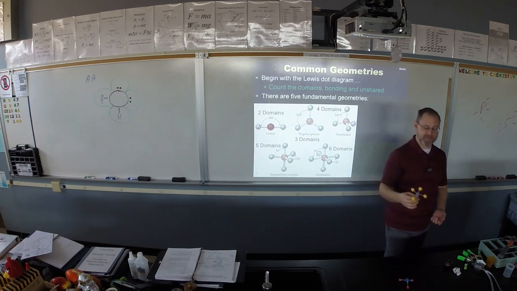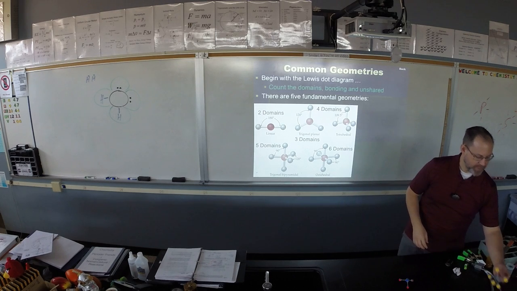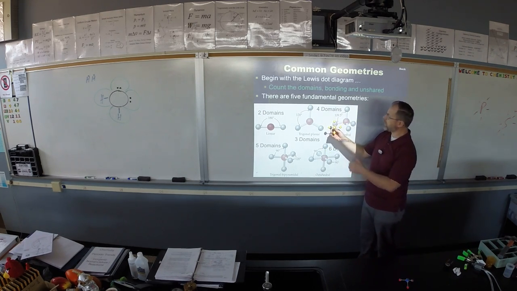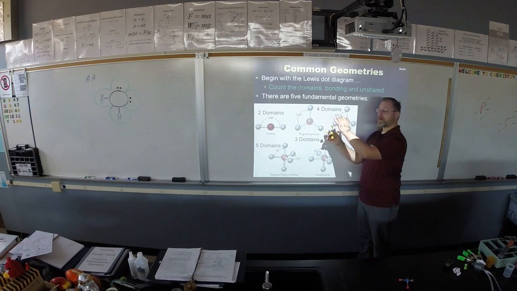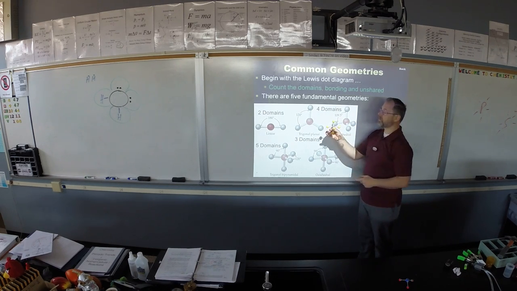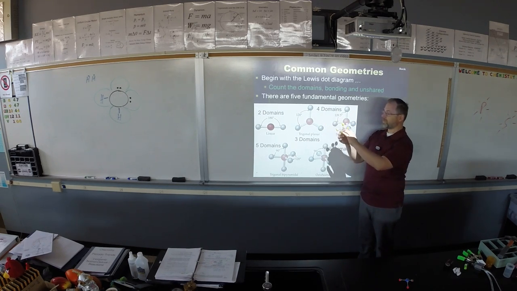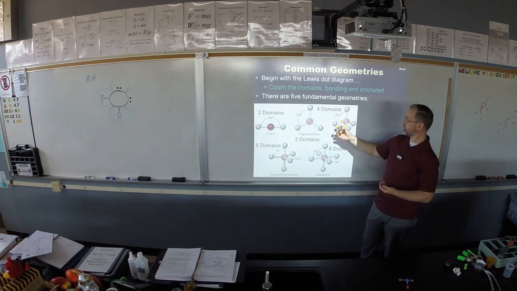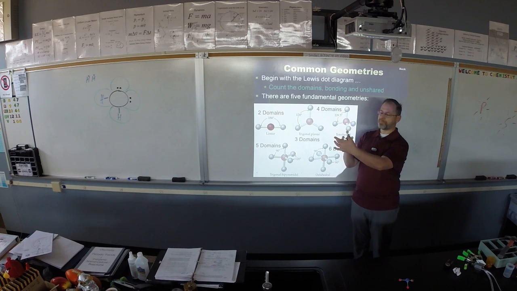Now if you have 6, it's kind of cool. It's not called hexahedral, it's called octahedral, because if you have 6 domains, you have a square pyramid on top and a square pyramid down below. It's an octahedron. Whoa. It's an 8-sided shape. That's cool. So with 6 domains, you have 4 in a plane, 1 above and 1 below.